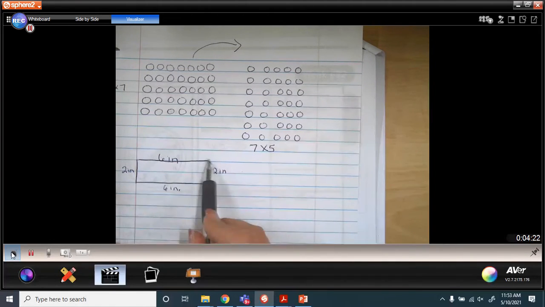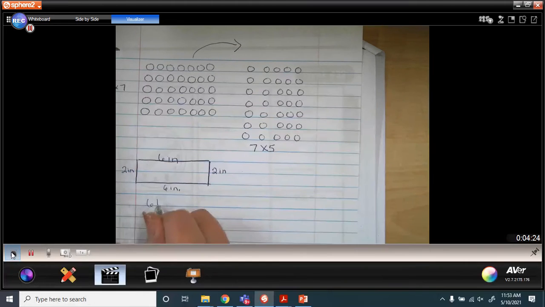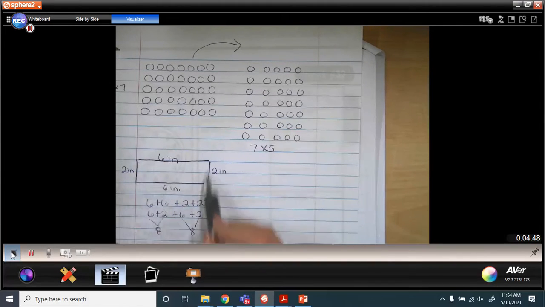So I've got 6 and 6. The length of these 2 are 6 plus 6, and the length of these 2 are 2 plus 2. Or if you wanted to do 6 plus 2 and 6 plus 2, either way it's going to work. But 6 plus 2 is 8, and this 6 plus 2 is 8. And the length of all the lines together is going to be 16 inches. Now, that's the perimeter.